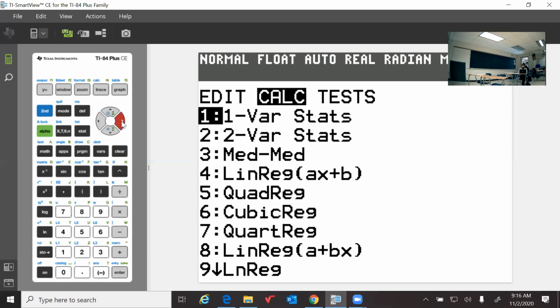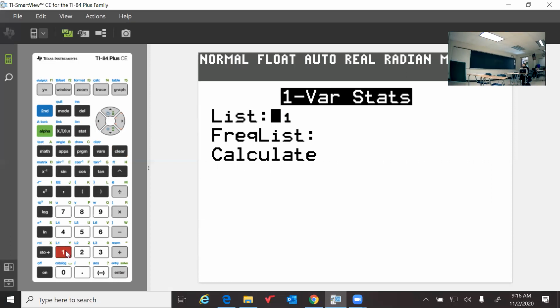Stat, calc, 1-variable statistics. The only thing that's varying is the amount of money he brings home. So we type list 1, and our frequency list is list 2.